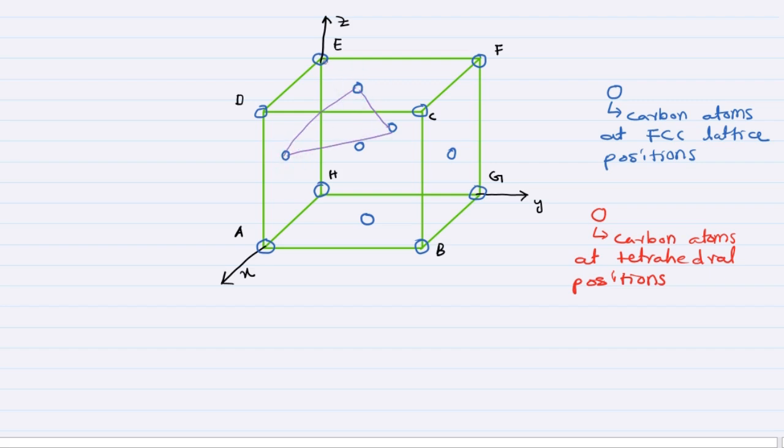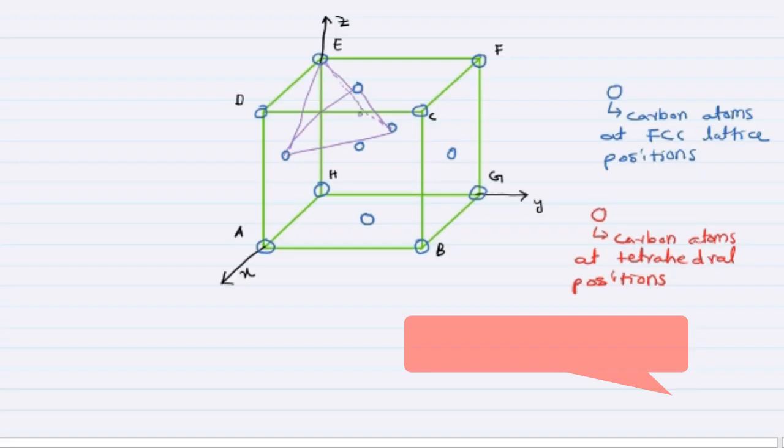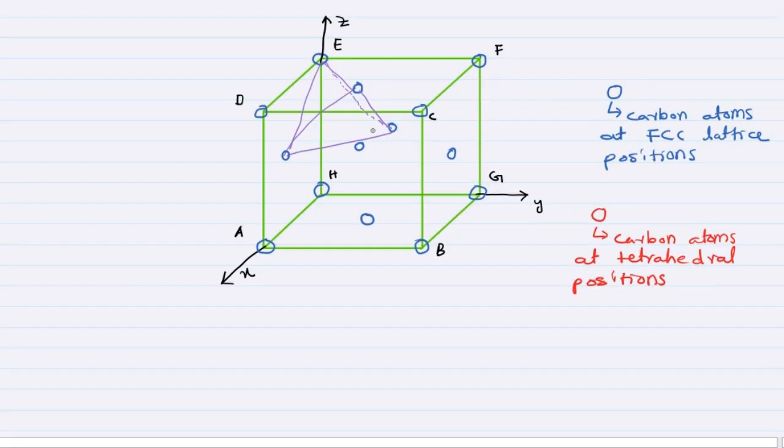So if we join these 3 face atoms to the one corner atom, so we get a tetrahedral void. If you do not know about the tetrahedral or octahedral voids in face center cubic or body center cubic, we had made separate videos on these topics.